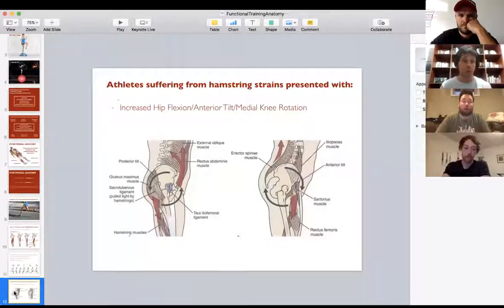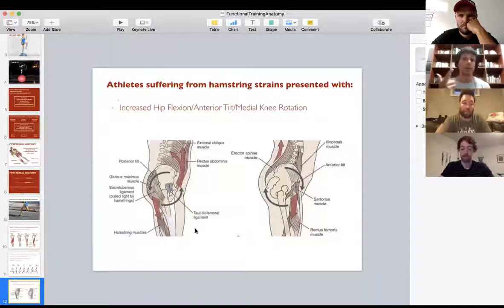Okay, so going to the next picture here, similar to what Damien showed of the pelvic positioning, when they look at all these studies, and I'll send you the studies to send out, Brendan, and they look at all these athletes who have suffered from hamstring strains, typically the 3 biggest findings they see are increased hip flexion, coincidentally also increased anterior tilt, and medial rotation of the knee.